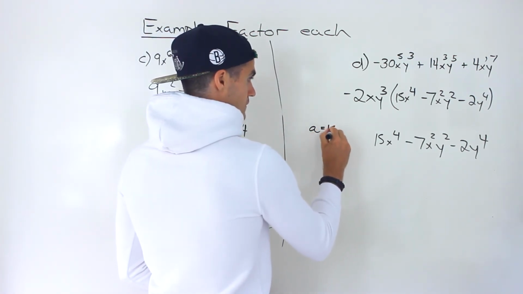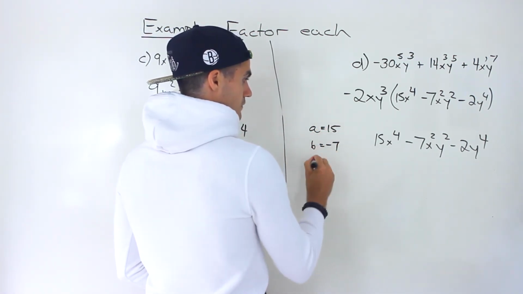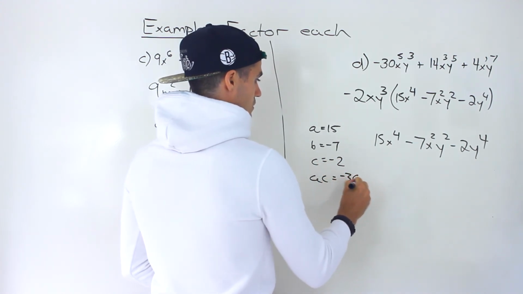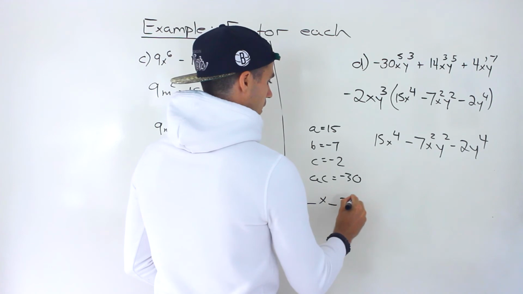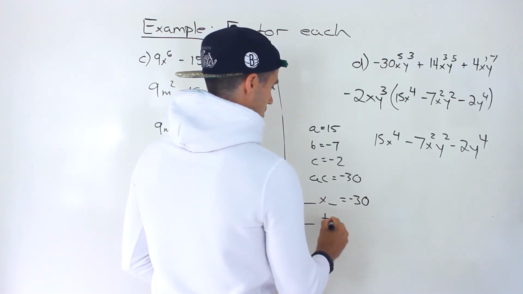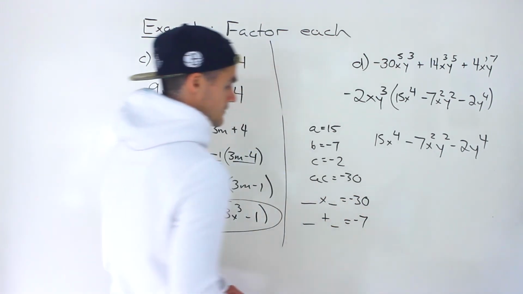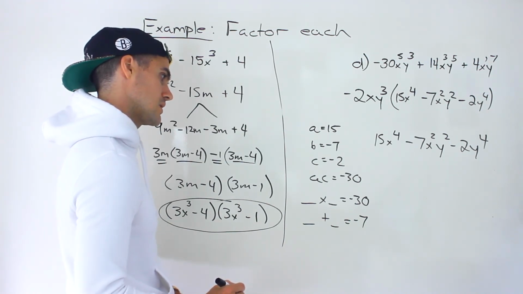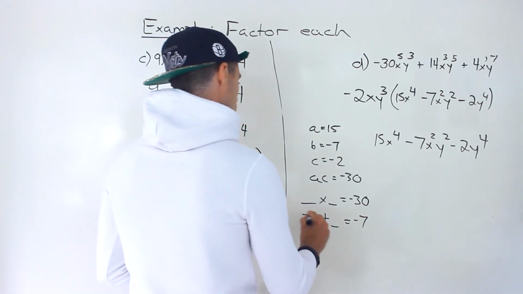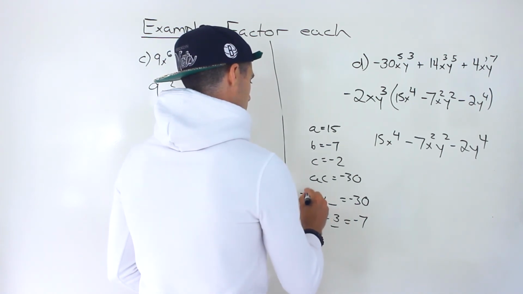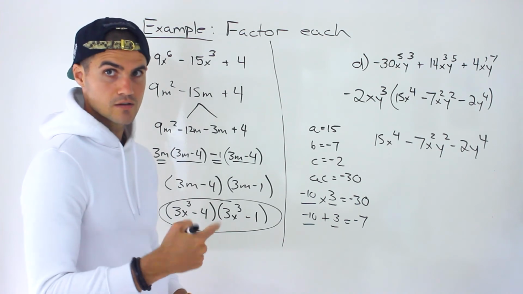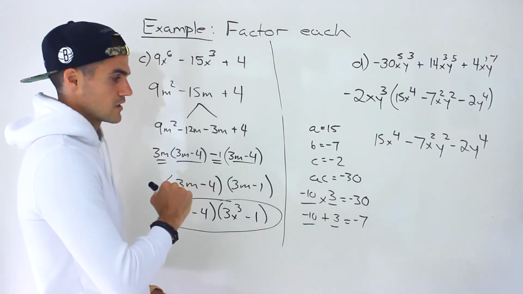So A value is 15, the B value is -7, the C value is -2, the AC value is -30, two numbers that multiply to -30 and add up to that B value of -7. And those two numbers would be, what, -10 and 3? That works, right? -10 times 3 gives us -30. -10 plus 3 gives us -7.